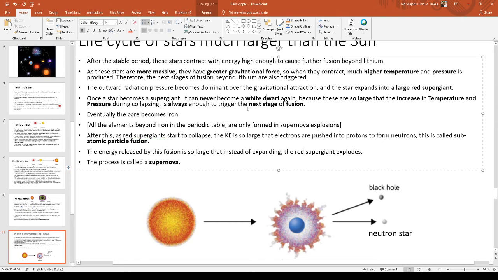Then when fluorine, neon fuse with one another, then sodium, magnesium, then aluminium, silicon, then they fuse with each other, then phosphorus, sulfur, then chlorine, argon, then potassium, calcium, then scandium, titanium, then vanadium, chromium, manganese, they fuse with each other, they produce iron.